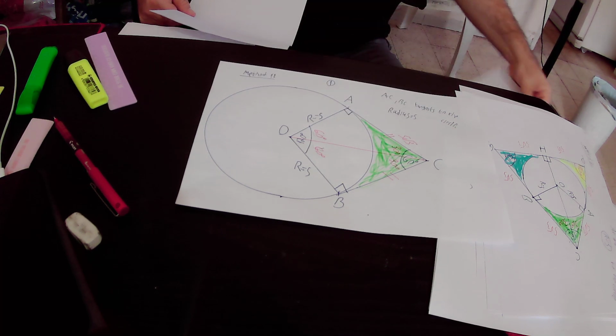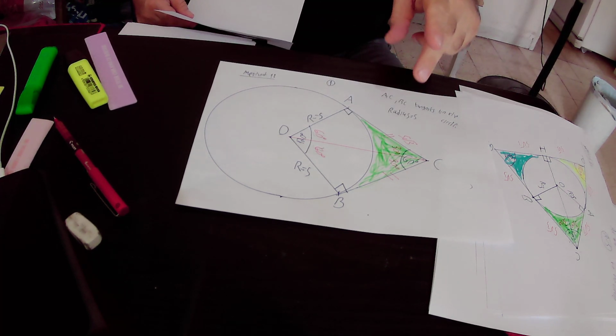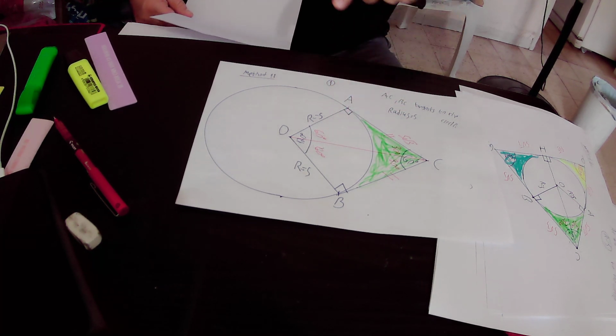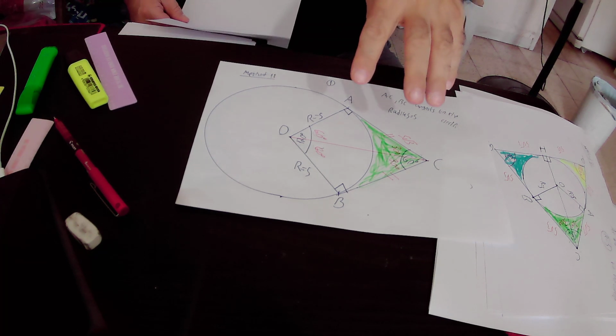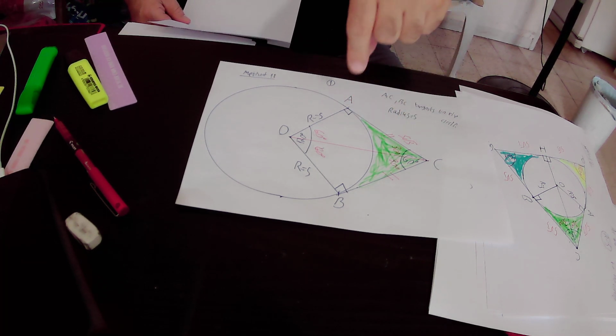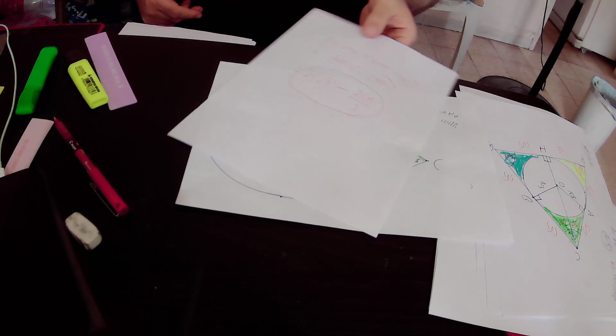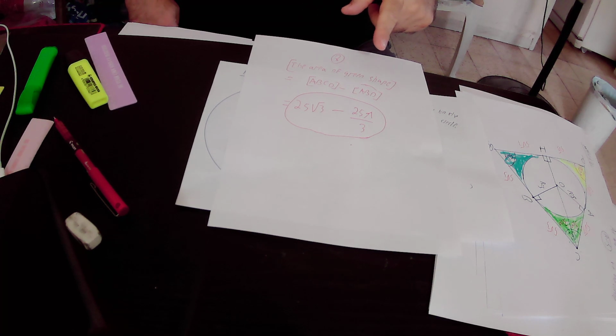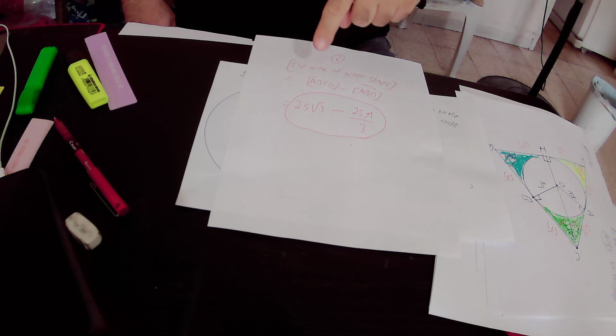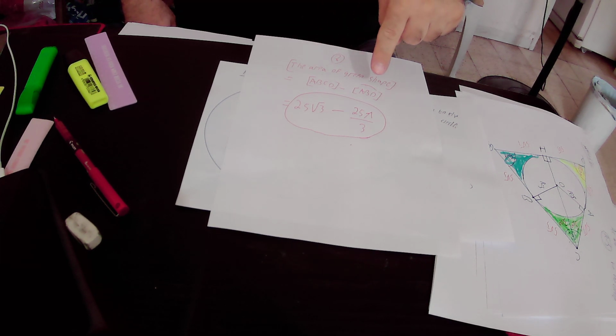And what is the area of the green shape? It equals the area of quadrilateral ABCO minus the area of sector ABO. We have already found that the area of quadrilateral ABCO equals 25 times root 3, and the area of sector ABO equals 25 pi over 3.